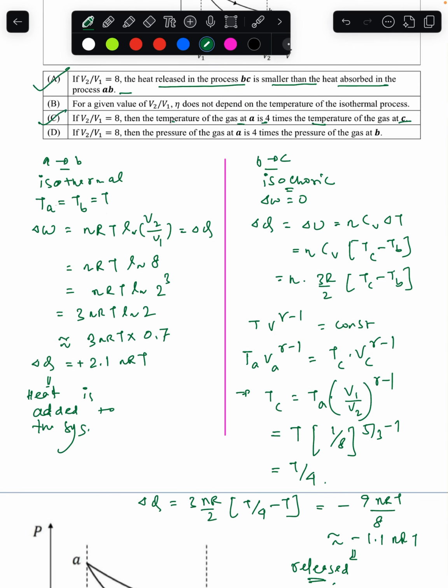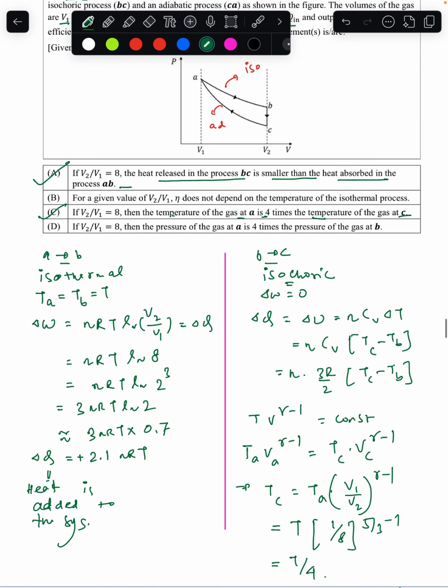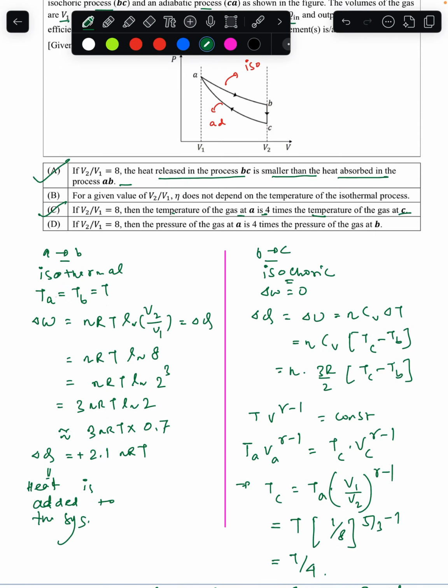They are saying that if V2 by V1 is 8, then the pressure of the gas at A is 4 times the pressure of the gas at point B. It is quite easy to understand here. Temperature remains constant, so pressure at A into volume at A is equal to pressure at B into volume at B. So the pressure at point B becomes VA by VB times PA, which is PA by 8. So this option is wrong.